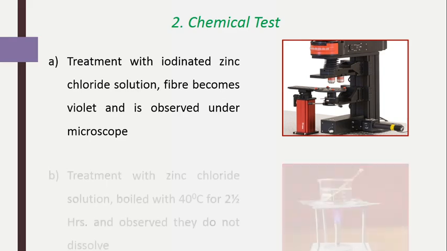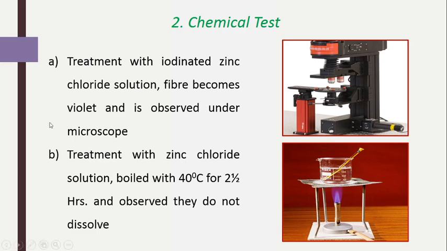Another chemical test is here. The sample is taken and treated with zinc chloride solution. You can see in this picture, the cotton is taken and the zinc chloride solution is added.